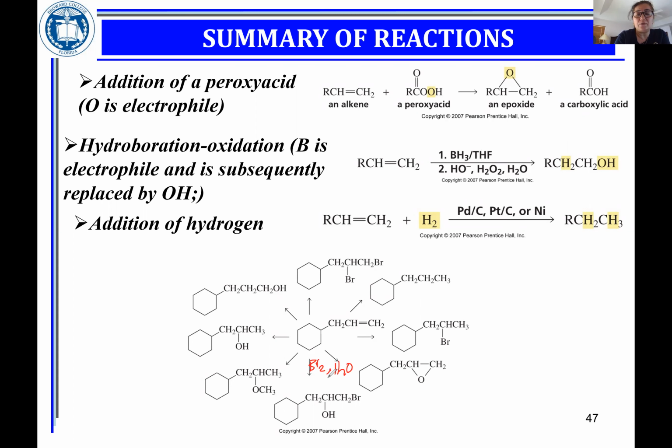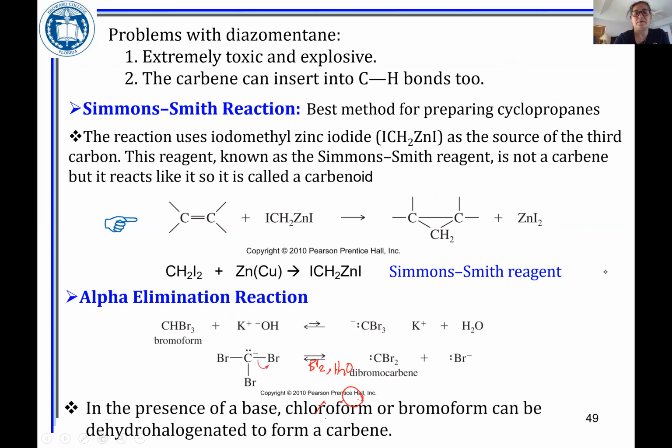So you're adding both Br2 and H2O. Addition is a Markovnikov addition. That means Br is added to the least substituted carbon and OH is added to the more substituted carbon. Then we have the hydrogenation and everything else, because you have these already in a couple of the slides.